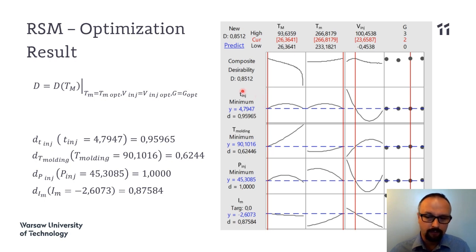So for example, for filling time, the temperature of our part, injection pressure, and of course our filling imbalance. Here is the result of our optimization, so the optimal setting for the process.